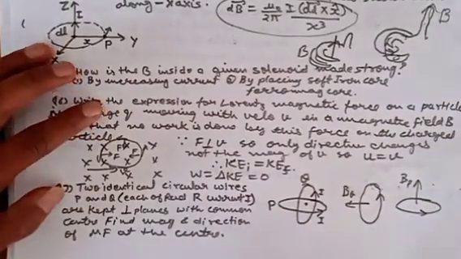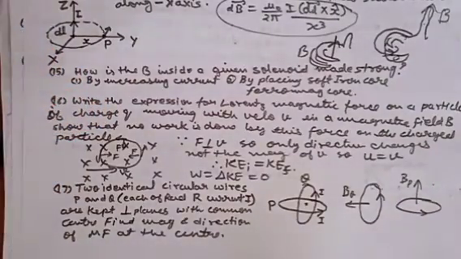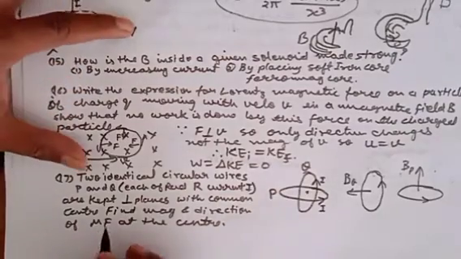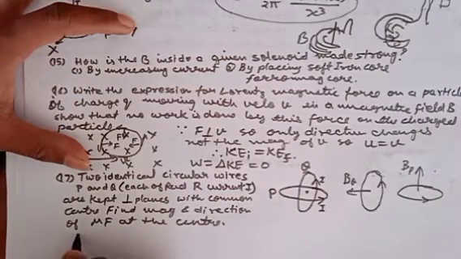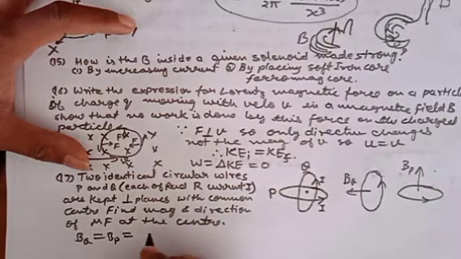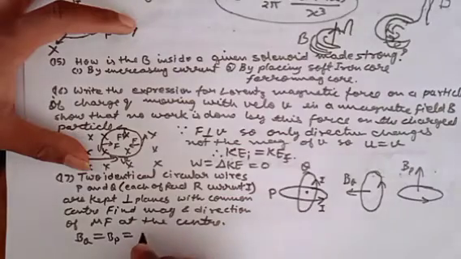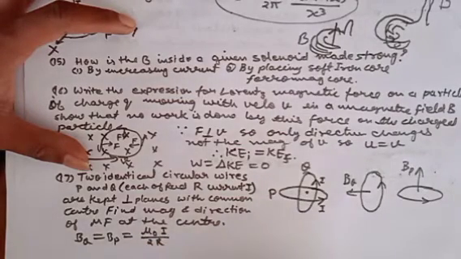You can do this in the exam. Make them separately. So what we have to do now, we can write BQ is equal to BP. By magnitude both are same. For loop magnetic field is mu naught I upon 2R. That's all.